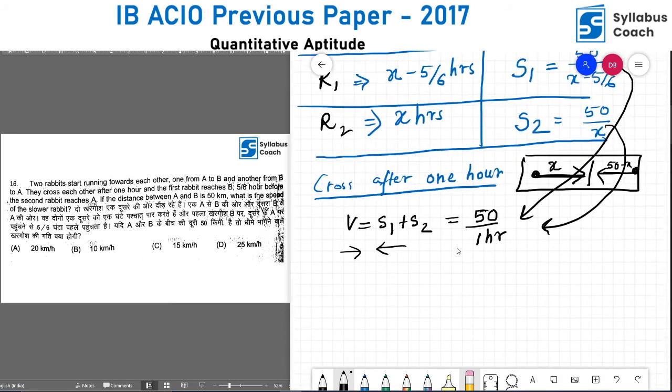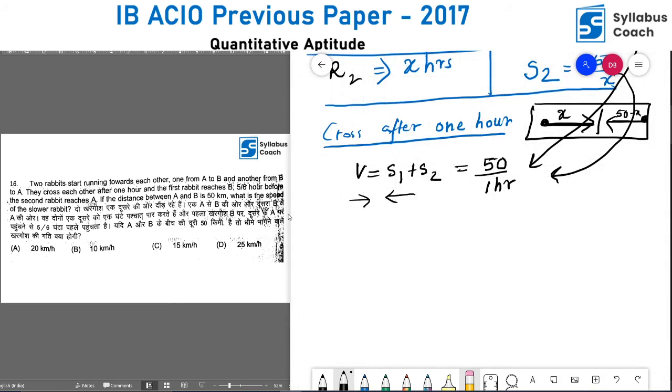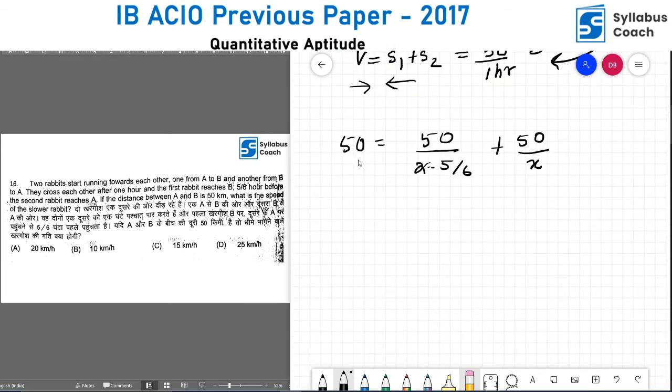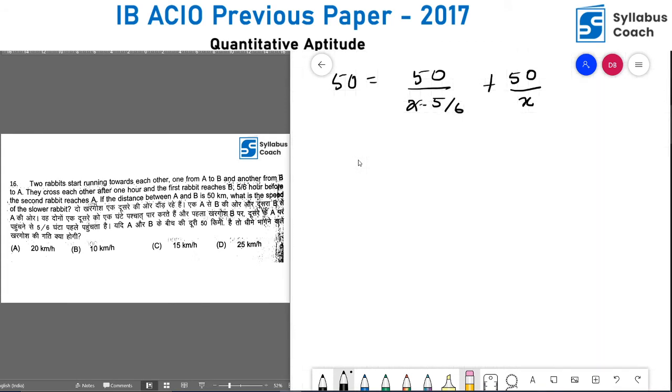Now let's substitute each of these equations for s1 and s2 into this equation. Now the velocity would become 50 is equal to 50 by x minus 5/6 plus 50 by x. Let's solve this quadratic equation. The 50 gets cancelled on all sides, and I have x plus x minus 5/6 is equal to x into x minus 5/6.